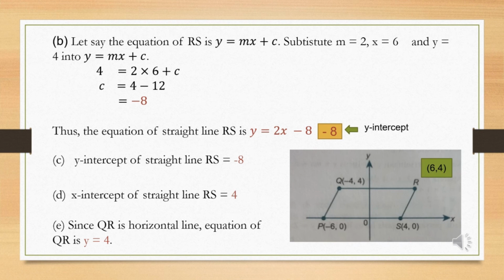For E, since QR is a horizontal line, we apply the concept of horizontal line and we can conclude that the equation of QR is y equal to 4, where it intersects the y-axis at y equal to 4.